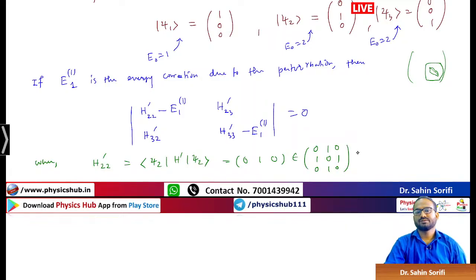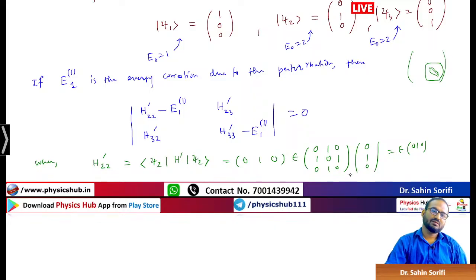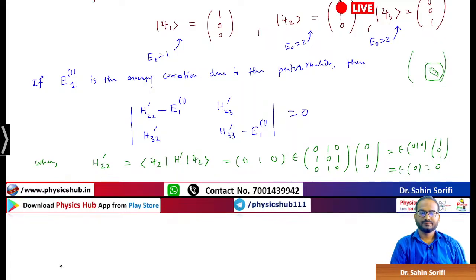Ket psi 2 is 0 1 0, so bra psi 2 will be the row matrix 0 1 0. H prime is epsilon times the matrix [0 1 0; 1 0 1; 0 1 0], and ket psi 2 is the column matrix 0 1 0. If you multiply, you will get epsilon times 0. So H22 prime is 0.